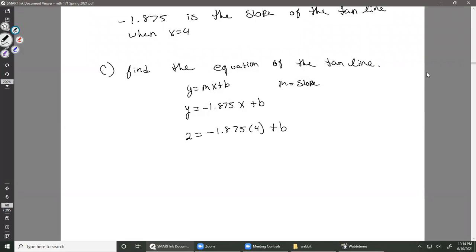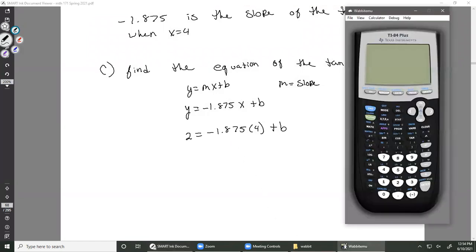If you want to be really exact, you can plug that 4 in and get that 2.125. I'm okay if you use the graph to estimate, but we're going to use our calculator. We have 4 times negative 1.875, and that equals negative 7.5. So we get 2 equals negative 7.5 plus b. I'm going to add 7.5 over.